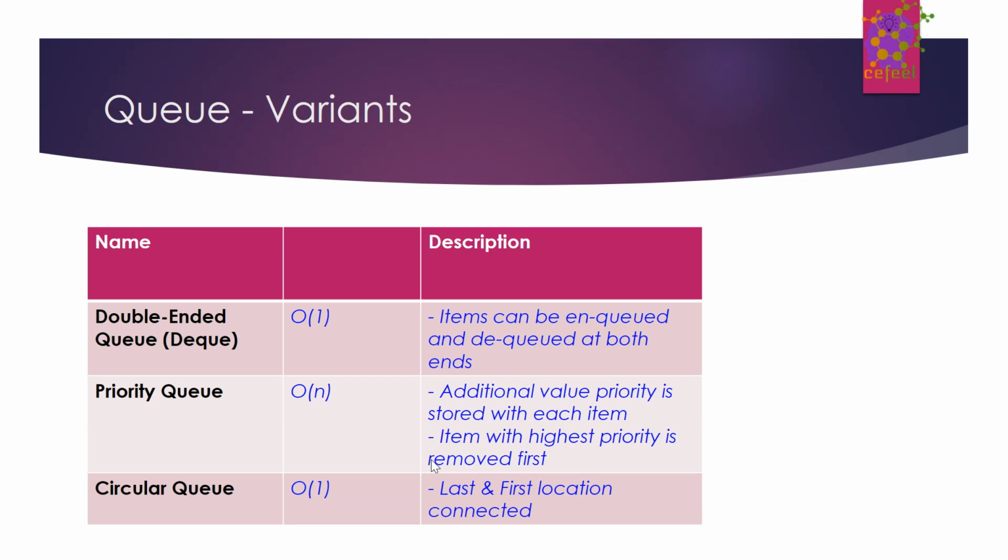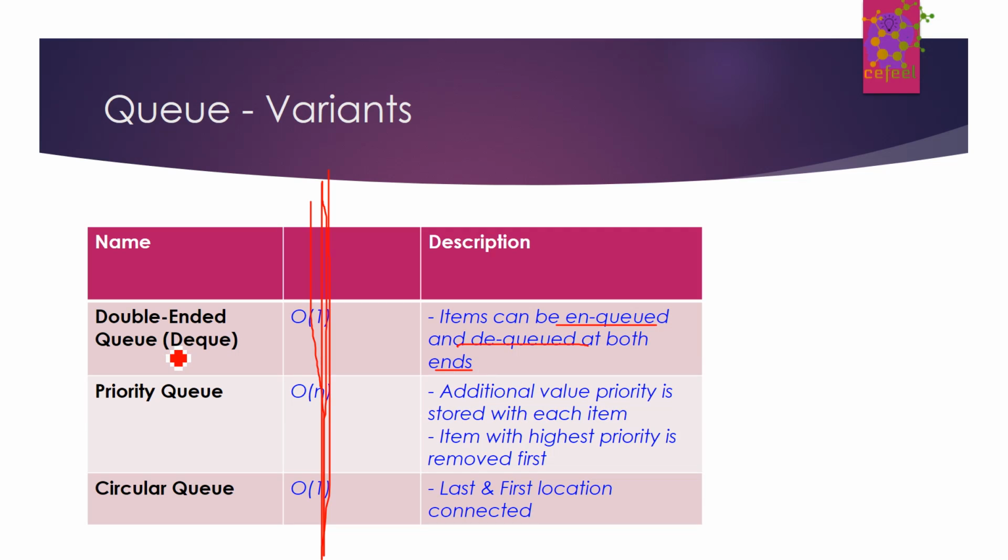So the first one is a double-ended queue. Let's forget about this column for now. It's a mistake, I added it here, it has nothing to do with this. So we have a double-ended queue, which is similar to a normal queue, but the additional thing it does is it allows enqueuing and dequeuing at both ends.